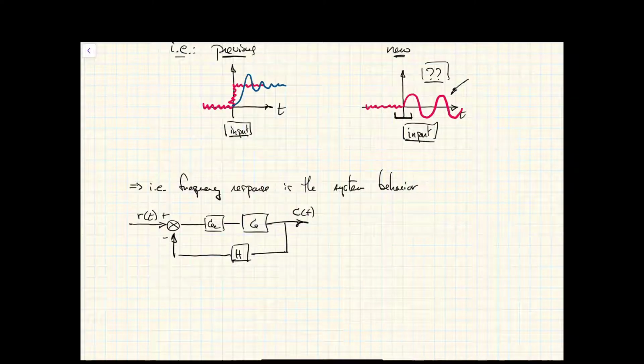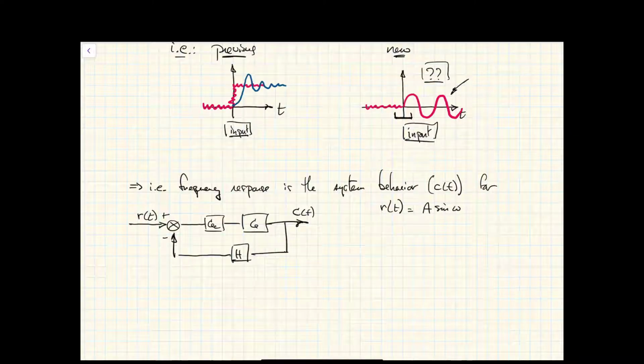I am looking at that system behavior, that's the output of the system, for r of t being sinusoidal, that means of the form A sine omega t. So this right there, that's the input frequency, which in this analysis, we're hitting the system with a constant frequency.